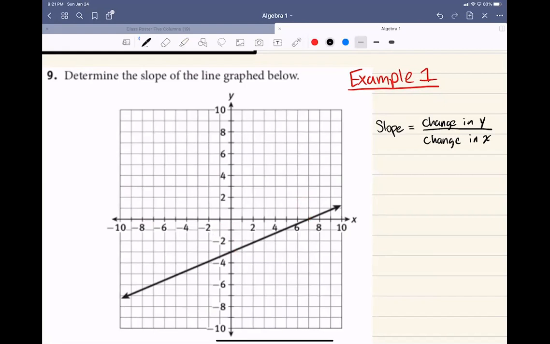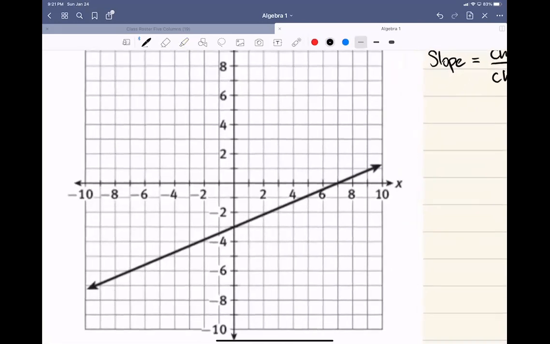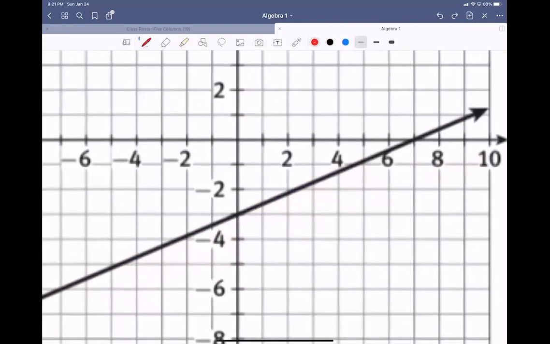First things first, you want to find two points wherever this line touches exactly between the grid lines, like a crosshair. So we've got to find two of those points. If you zoom in right here, it crosses, so we're going to use this as our point.